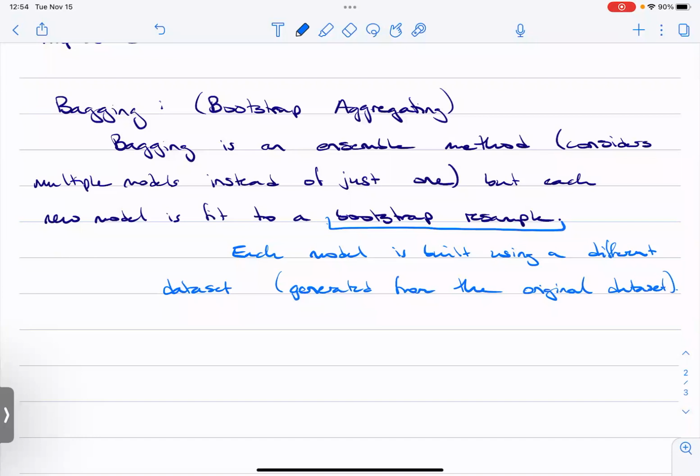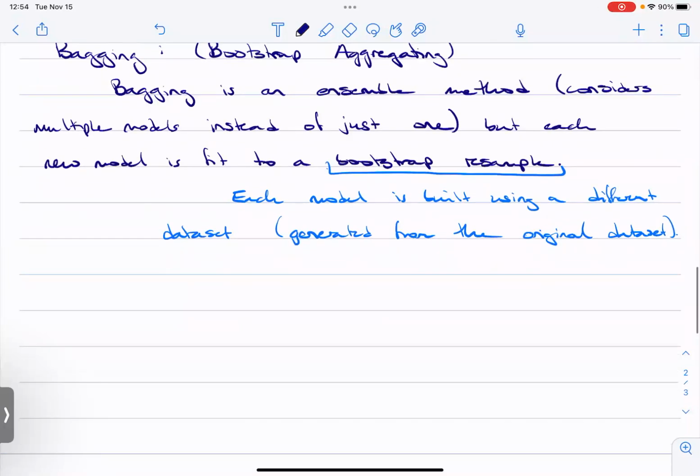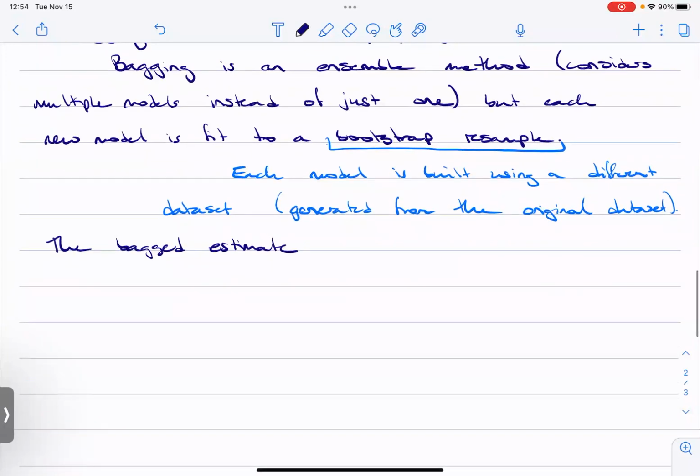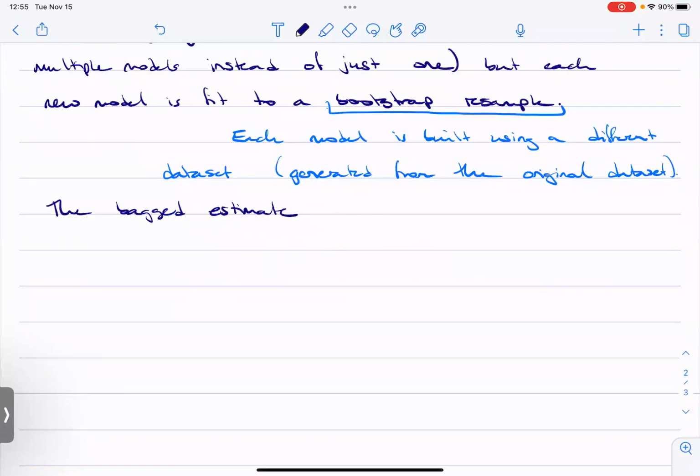Now, let's say I've generated 100 different models, then the bagged estimate is going to be the average of the models, typically.